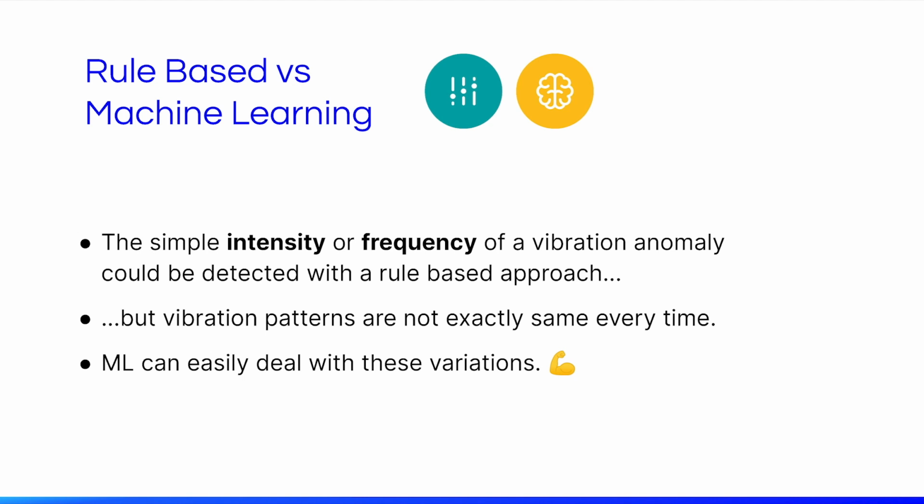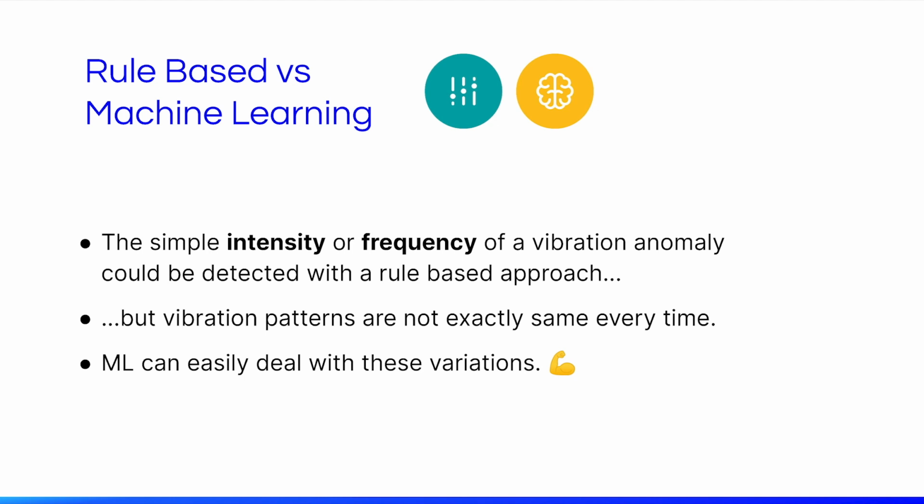There are basically two different approaches to detect a vibration pattern. The rule-based approach would mean that we would analyze the data manually and then define a formula and an algorithm to detect an anomaly. Or we could go with a machine learning approach.